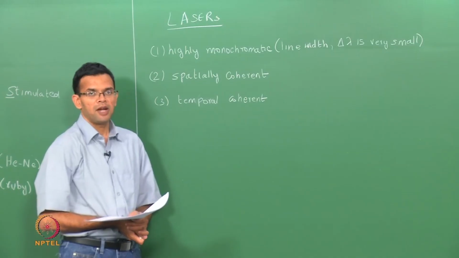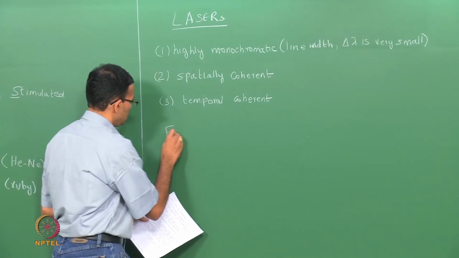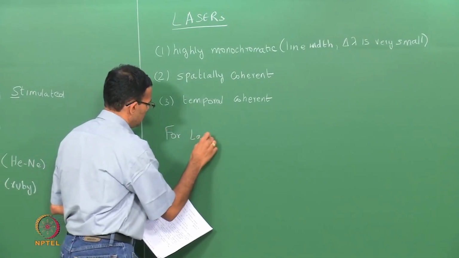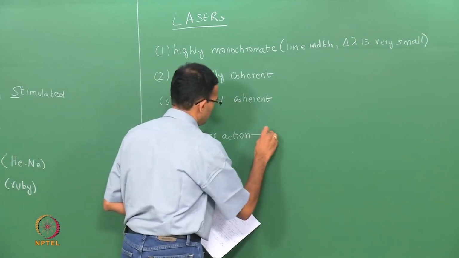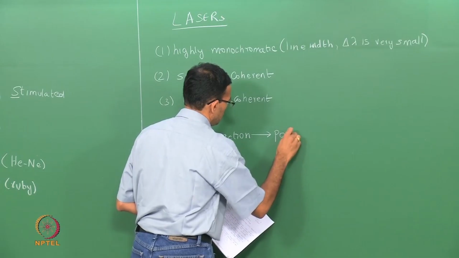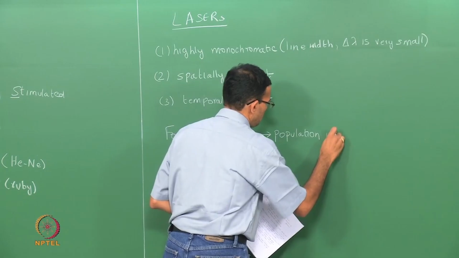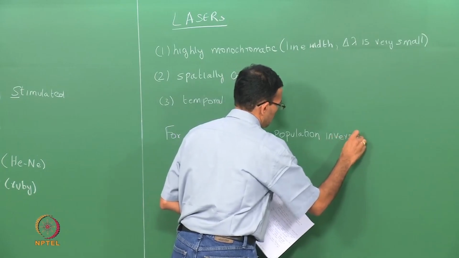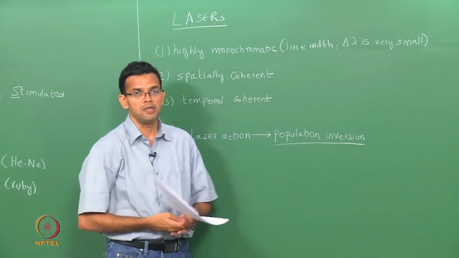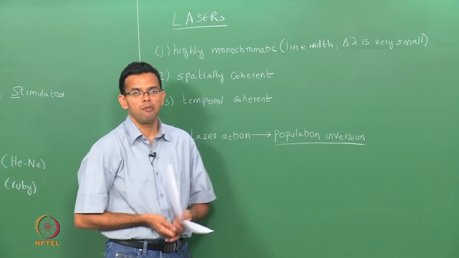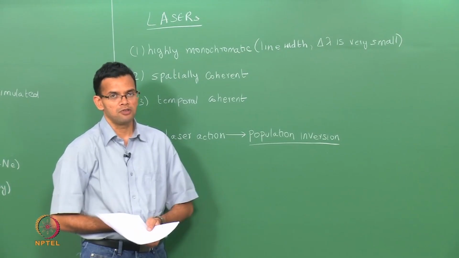For a laser, the primary thing we need is population inversion. What population inversion means is that we must have more particles in the excited state as compared to the ground state.